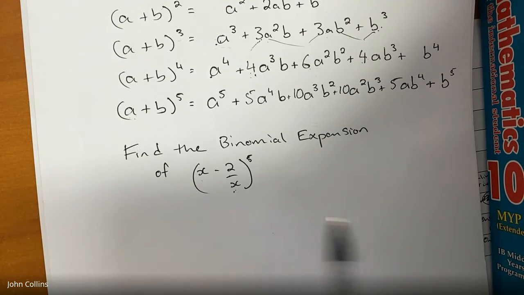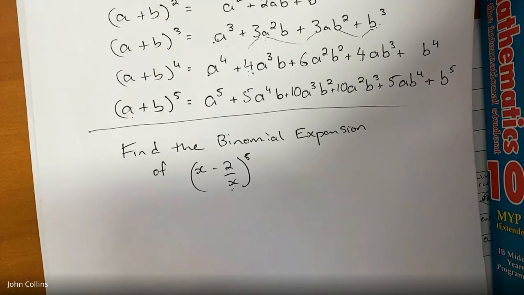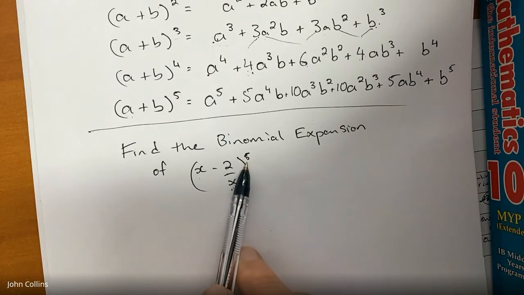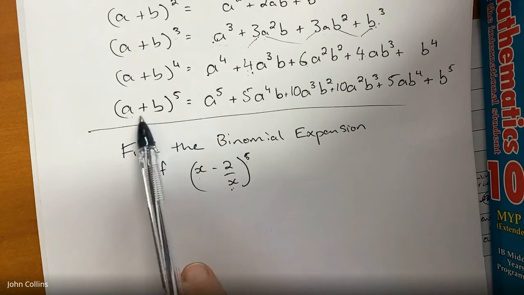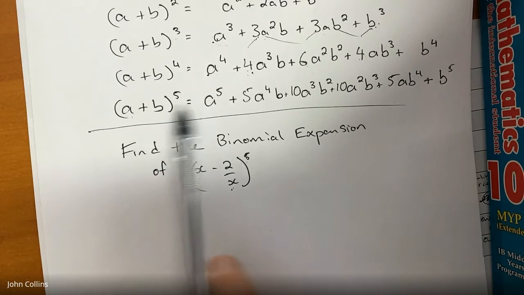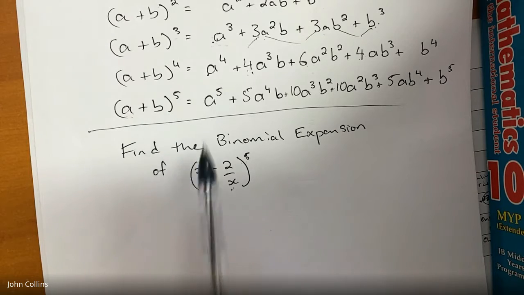If you feel like you're confident going for this, just jump straight in and see can you beat me to the answer. Okay? All right, now it's to the power of 5. And once it's to the power of 5, I can use one of these reference expansions. I'm going to use this one because it's a and b, 2 terms to the power of 5.